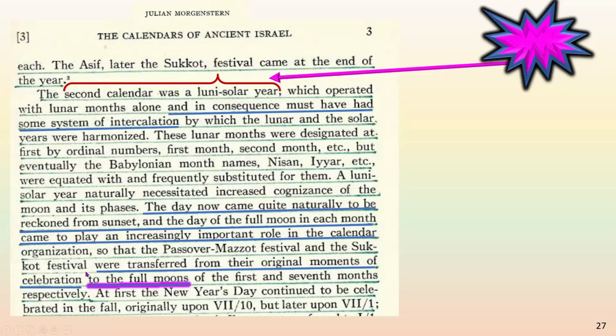To the full moons of the first and the seventh months, respectively. That's what happened in the second calendar, a completely different calendar. Now it's based on sunset day start and moon months.